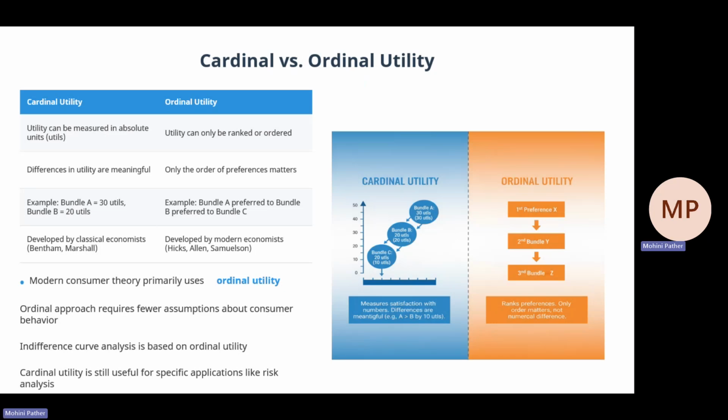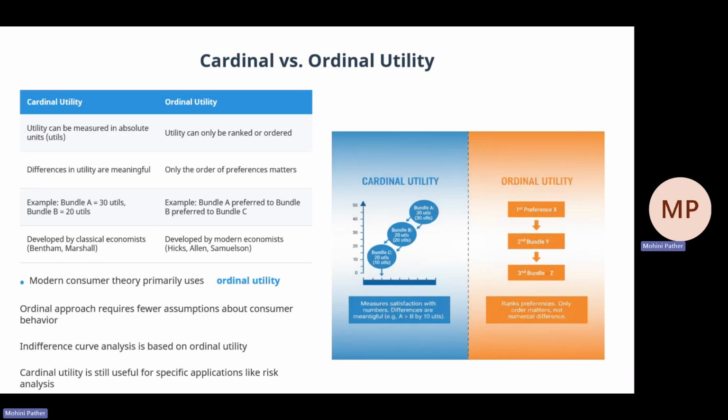Okay, so there are meaningful differences in utility when you are looking at cardinal utility because there is an absolute fixed amount of satisfaction you expect. Now, obviously, this will vary in opinion, but overall, the idea is that with a cardinal utility, you can ascribe a specific value.